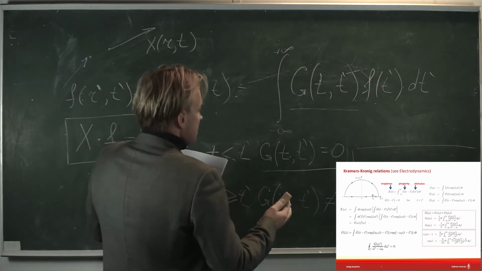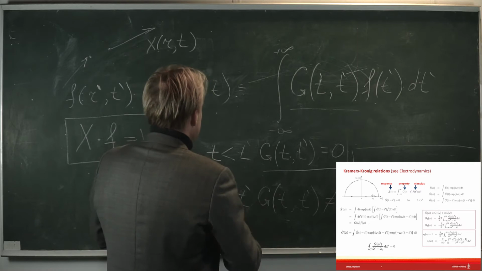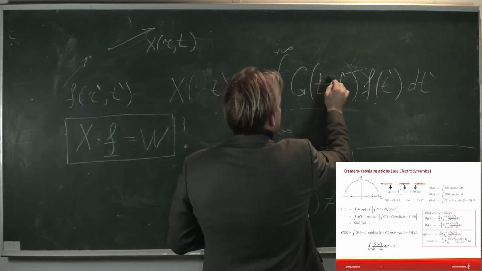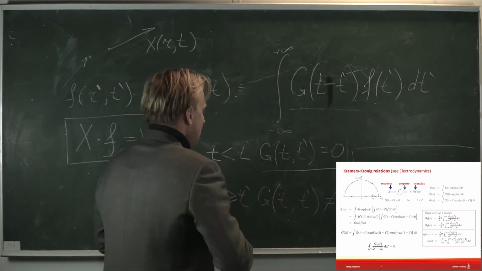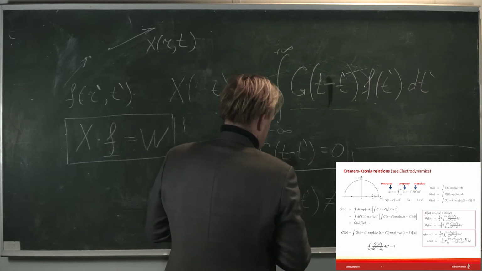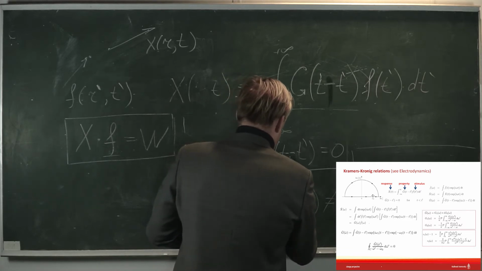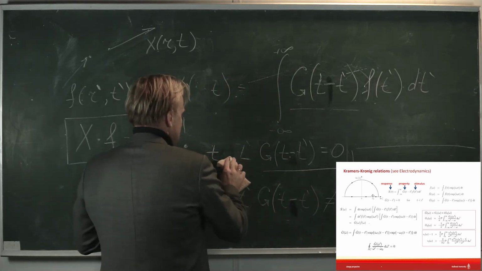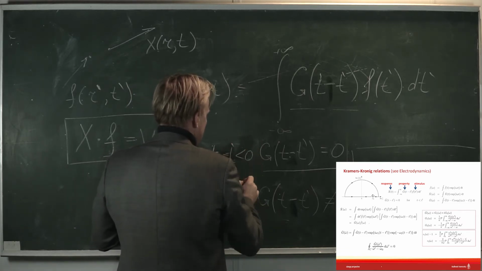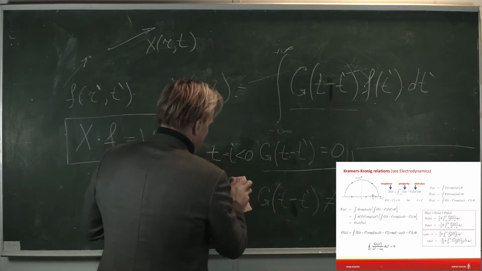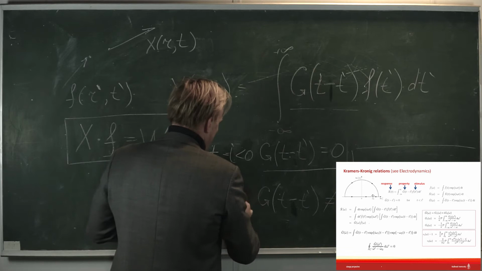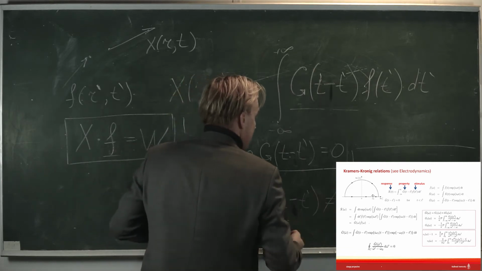We can rewrite this expression slightly differently, where we put here just minus, and here minus, here minus, and here we state that if t minus t prime is less than 0, the property is 0, and if t minus t prime is more or equal to 0, the property is allowed to be non-zero.